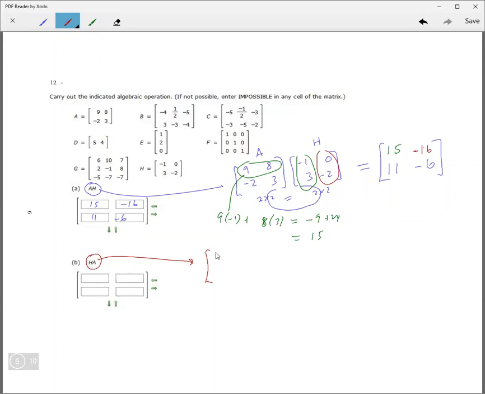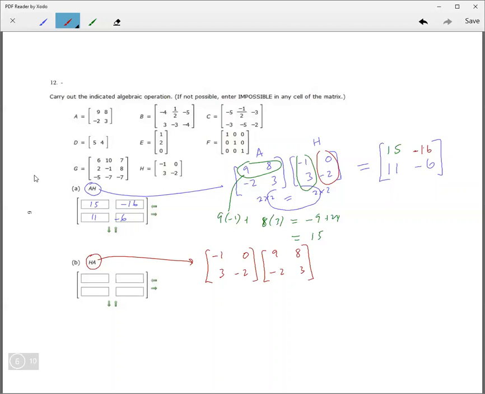Okay, so you put the H first, and then you put the A. Now the interesting thing here is that multiplication of matrices is not what you would call commutative. That means that A times H and H times A could give completely different things.